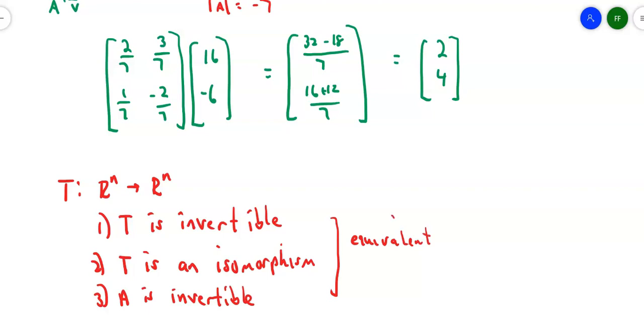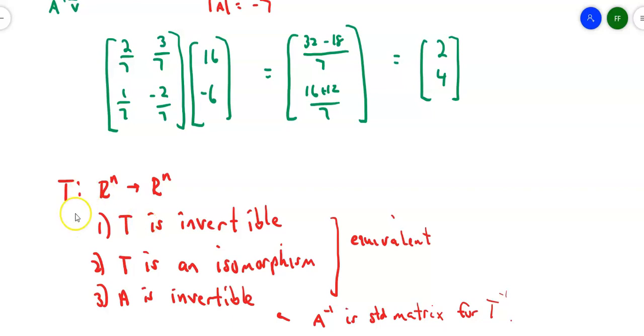And the other thing that comes out of this is if A is invertible, A inverse is the standard matrix for T inverse. So if you can undo the process, then the inverse of matrix A will get you the inverse of the transformation. It will undo what you just did.